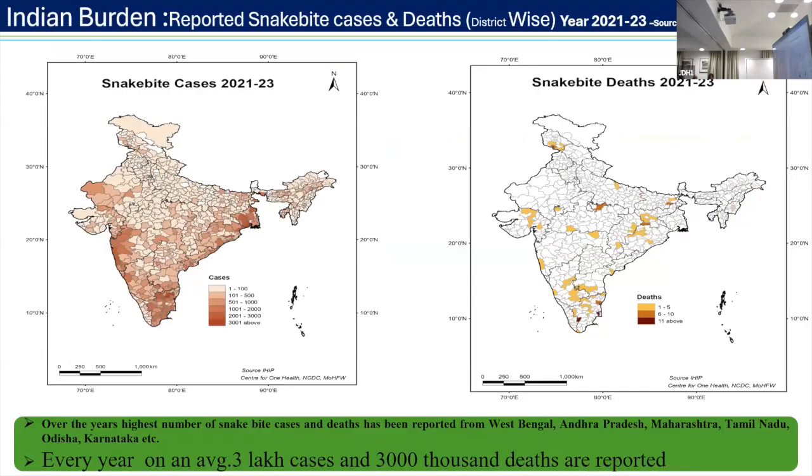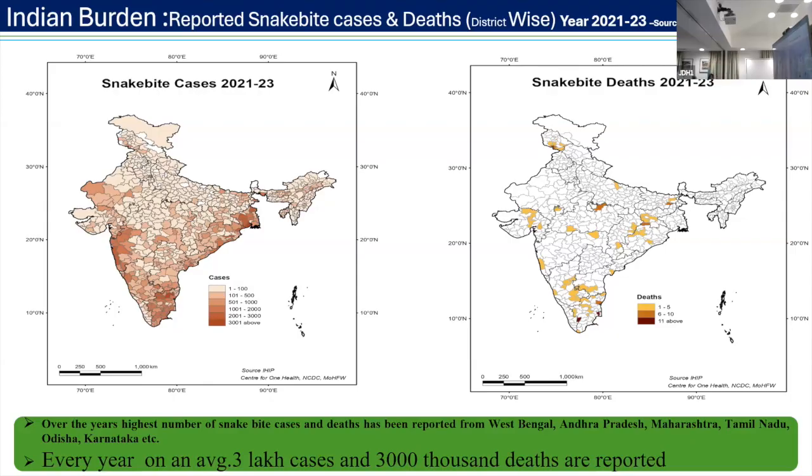Just to give a glimpse, before I explain what we are undertaking for snakebite prevention and control, the critical point is to find out where these cases and deaths are occurring. If you see the map on the right side, from 2021 to 23, these are the cases and these are the deaths in different districts.